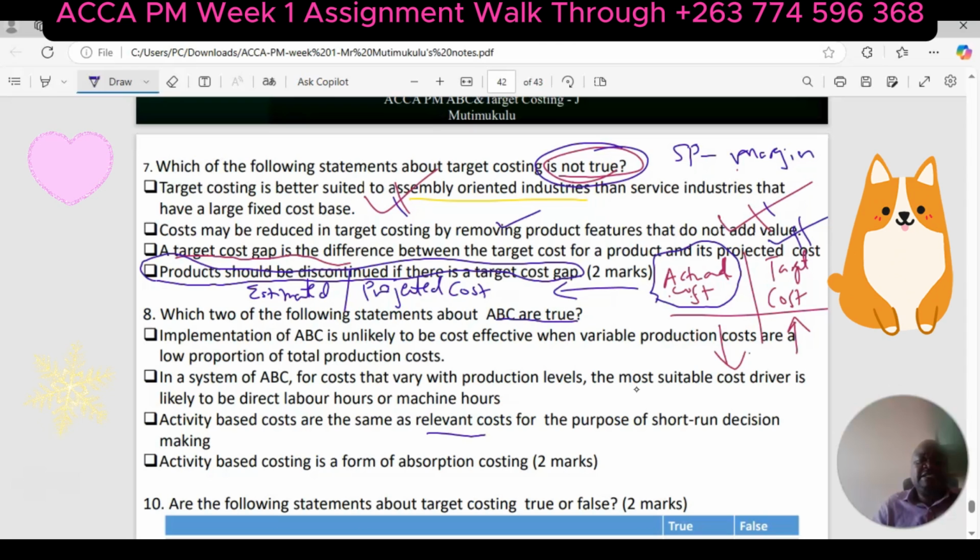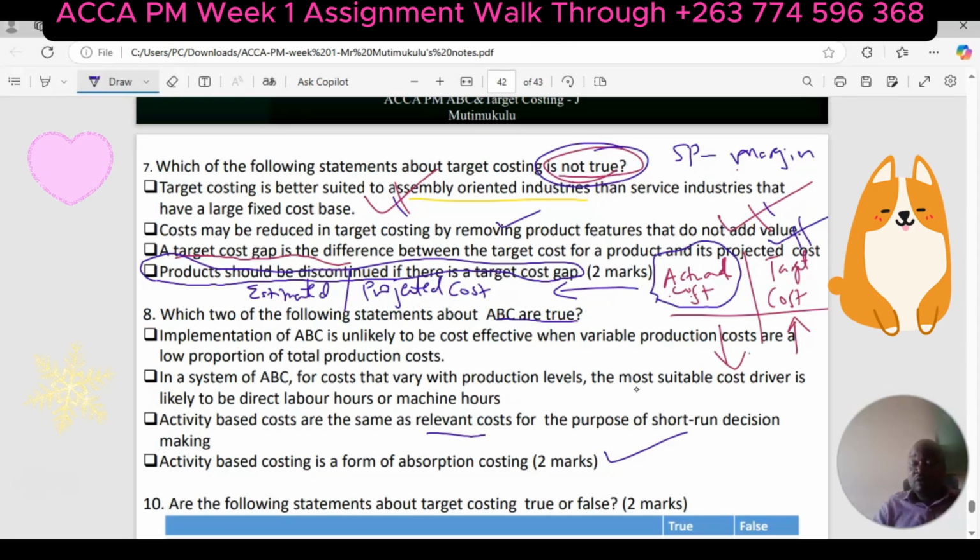Activity-based costing is a form of absorption costing. So you can see that at least you have found this one as your correct option. But in the examination, you need to ensure that you found those two options correct at once.